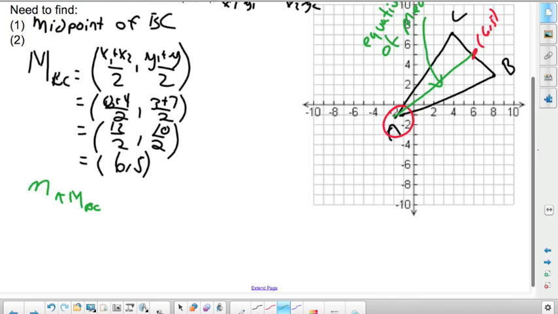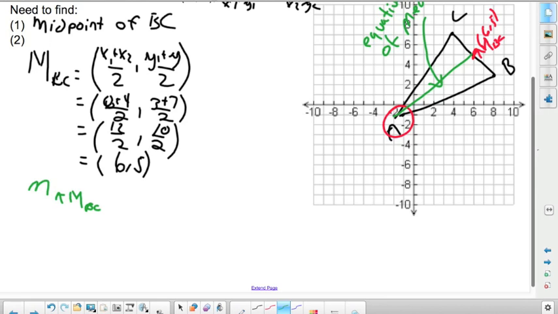Our first point is just A. The second point is this new point that we created, M, B, C. That's our midpoint between B and C. So here we're calculating the slope between A and this new midpoint. Oh, double subscript? Yes. We get into higher order math now, a subscript of a subscript.